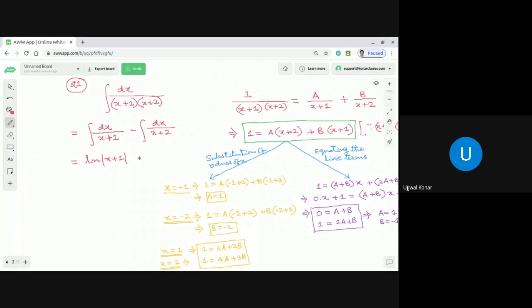I hope I need not explain because we have done it several times. And this is ln of mod (x plus 2), plus the integrating constant c. That is equal to ln of mod of (x plus 1) by (x plus 2) plus c, where c is the integrating constant.